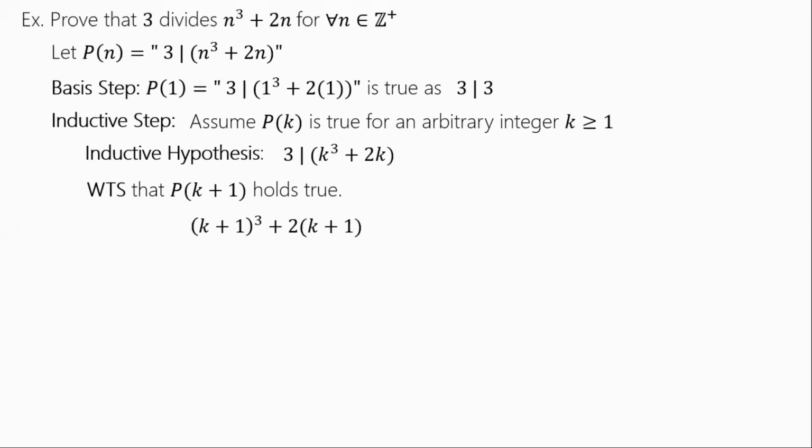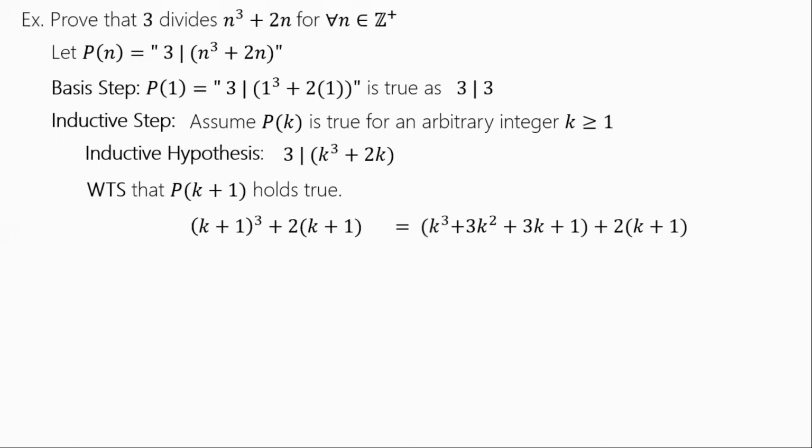And this is not clearly divisible by 3, at least not to me. I don't see any way to just say, hey, that thing's divisible by 3. So I could distribute the 2, or I could multiply out the k plus 1 cubed. Let's do both of those because I don't really have anywhere else that's clear to start.